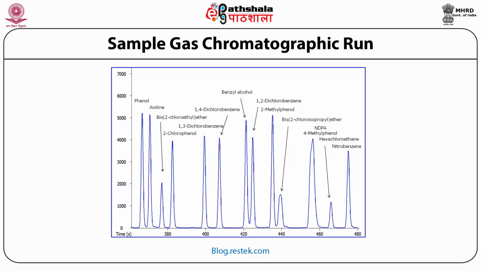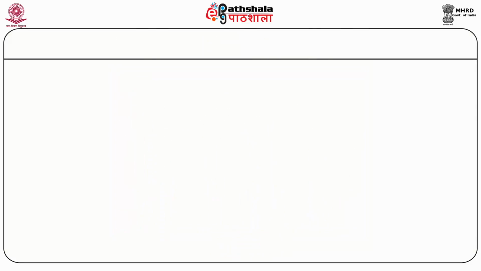A couple of these peaks, the baseline is not completely separated, but it is not of a concern if you are simply doing a qualitative analysis to determine what the components of your sample are. However, for evaluating the actual peak area, some baseline adjustment may be necessary. However, this is close to an ideal chromatogram even in terms of the resolution.